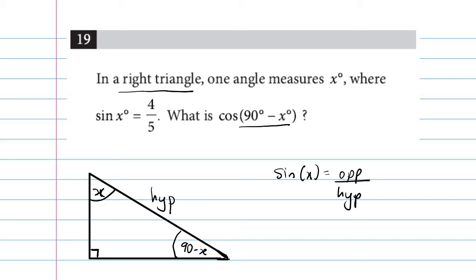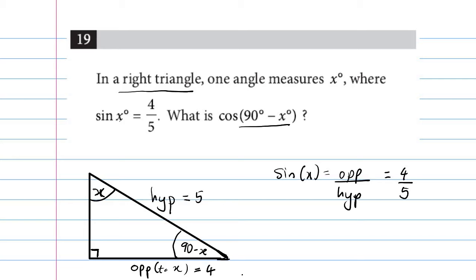So the opposite to x is going to be this. And this is what you have. So you know that sine x is 4 over 5. So the hypotenuse is going to be 5 and the opposite side is going to be 4.